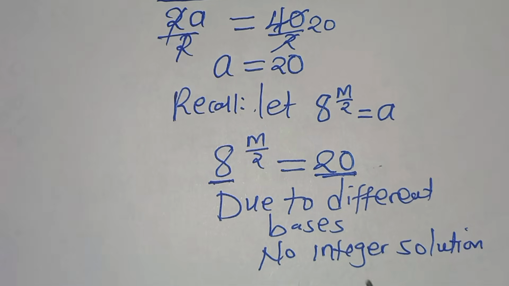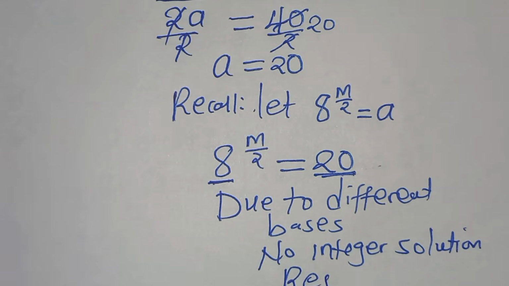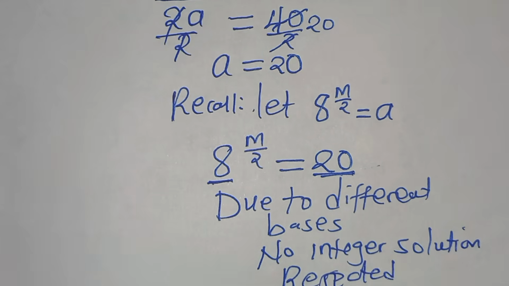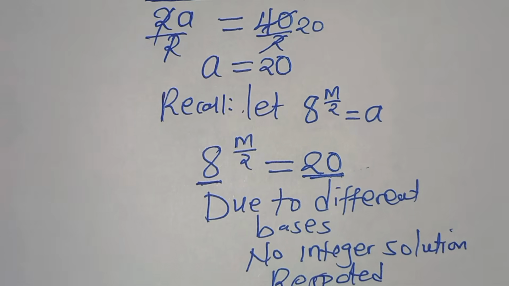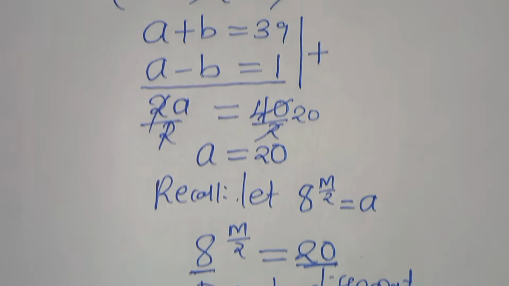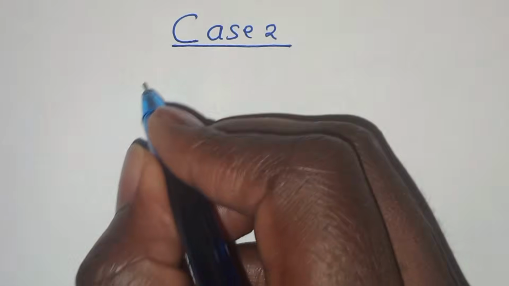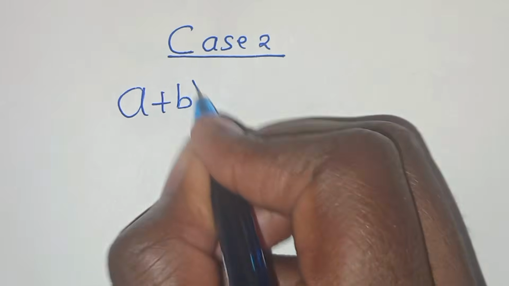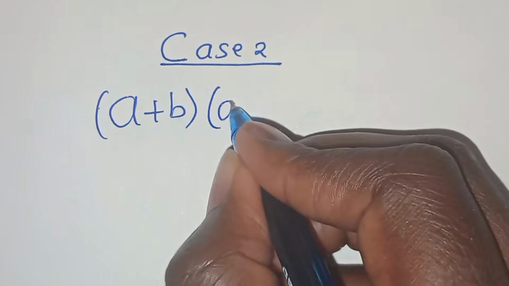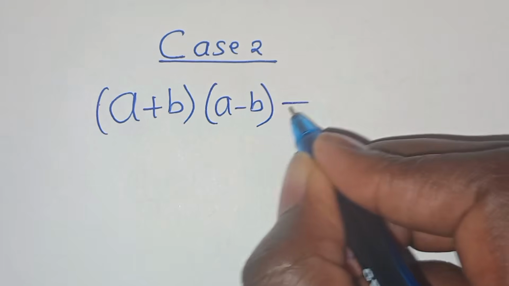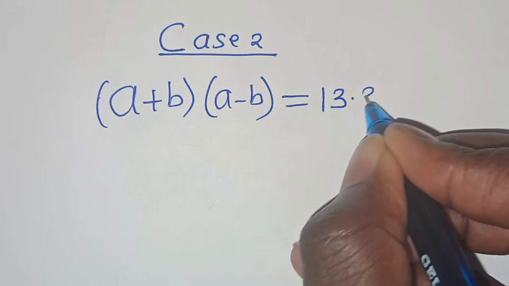So this implies that case 1 is rejected. So let's proceed to case 2 from here. In case 2, we have a plus b multiplying by a subtract b. This is equal to 13 multiplying by 3.